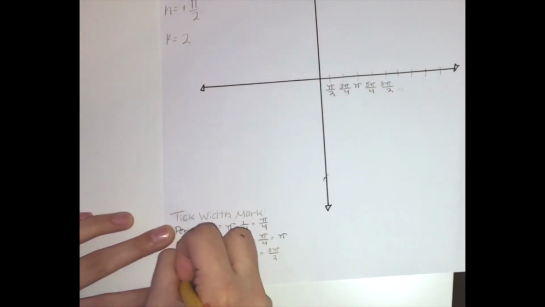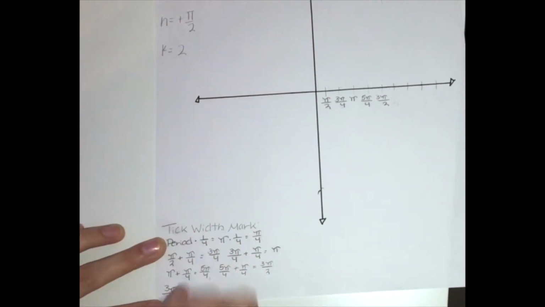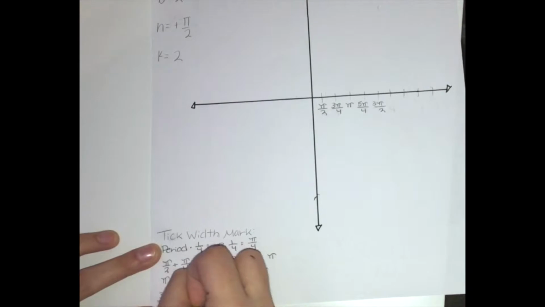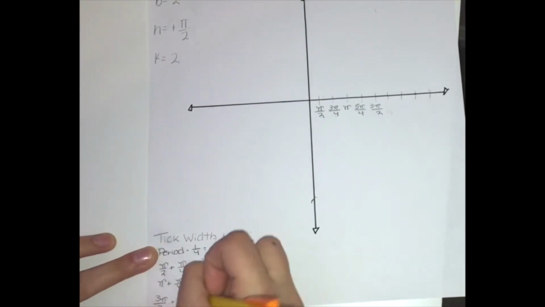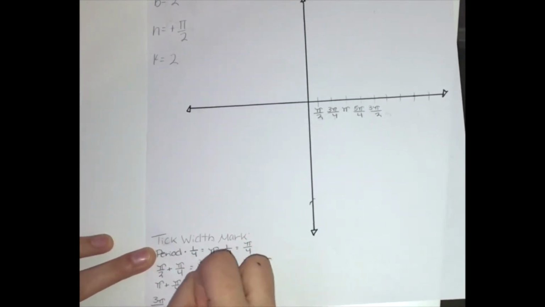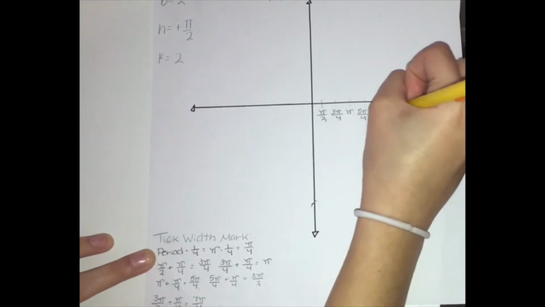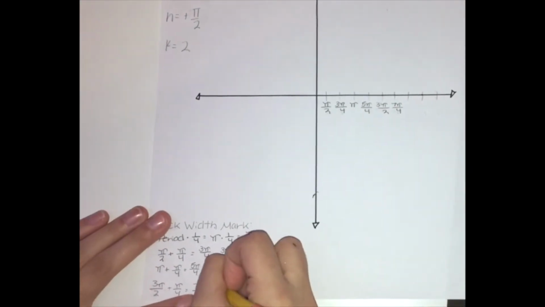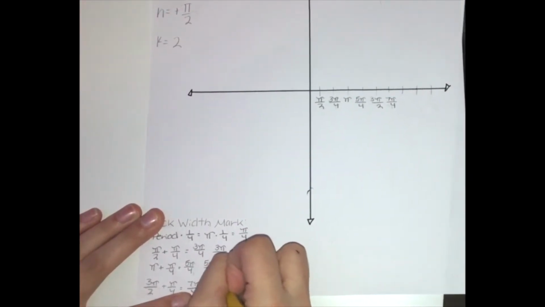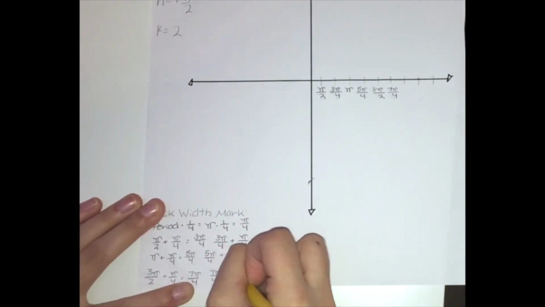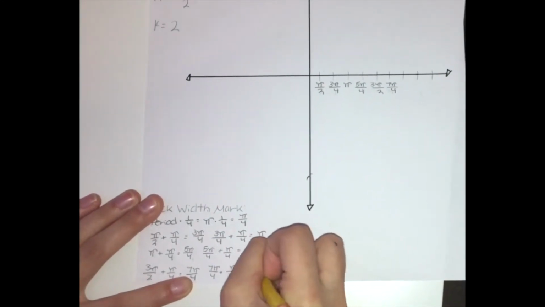Then you'll take 3 pi over 2, add it to pi over 4, and you'll get 7 pi over 4. Then you'll take 7 pi over 4, add it to pi over 4, and you'll get 2 pi.